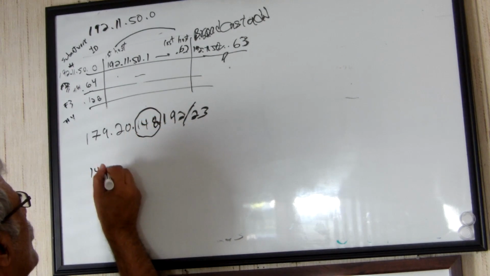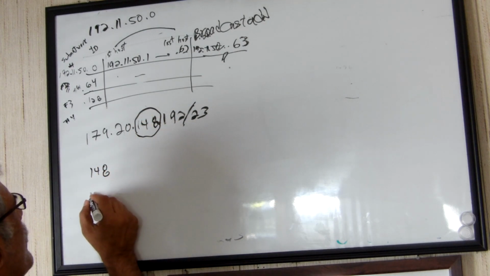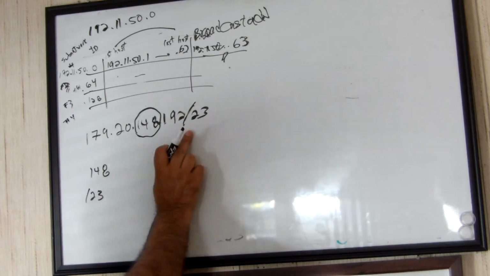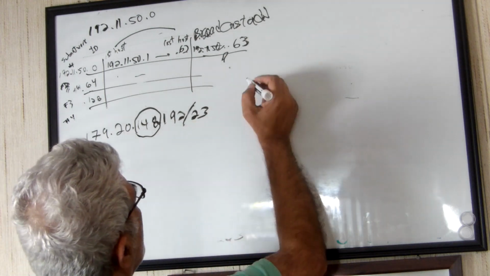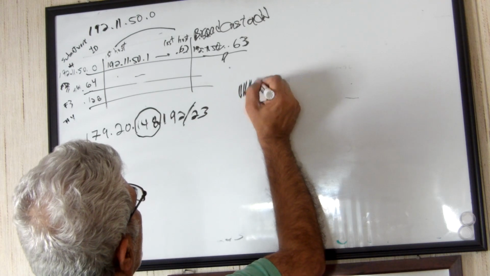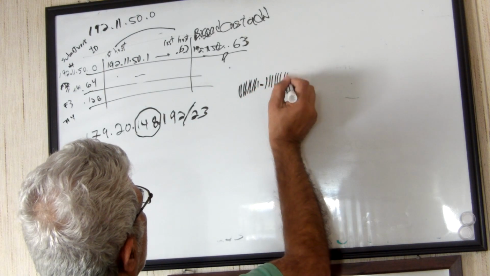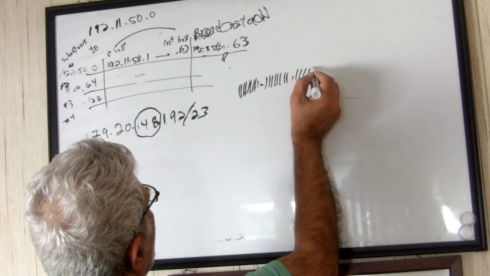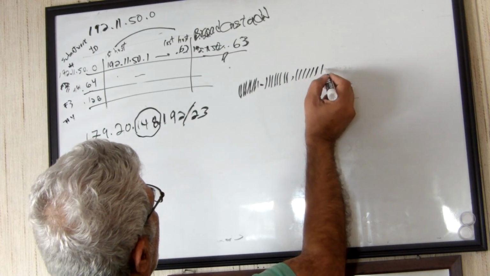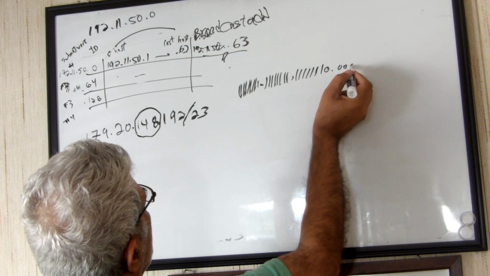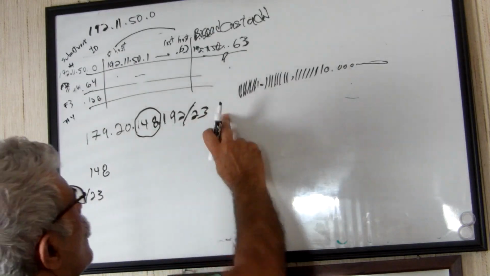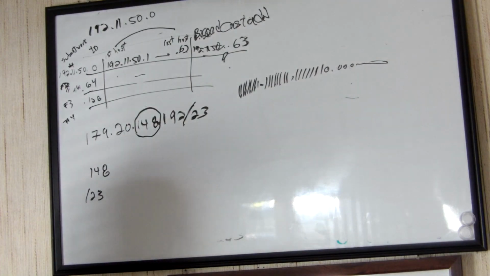So we say 148, and then backslash 23. 23 actually is 8 of this here, 8 of this here, and then 8, 16, and then 7 of them, 0, and then the rest 0, 0, 0, 0. That's what 23 means, backslash 23.